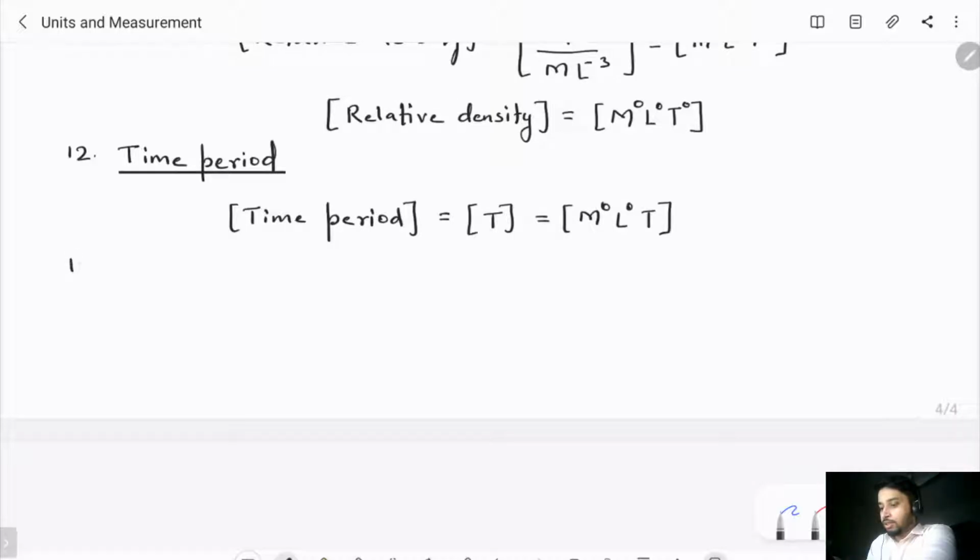Next let us see frequency. Frequency formula, we know frequency is 1 by time period.